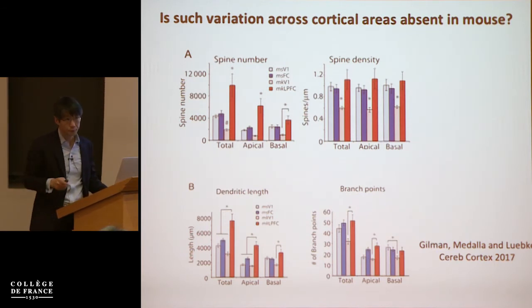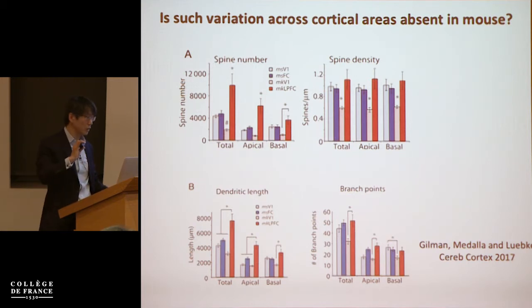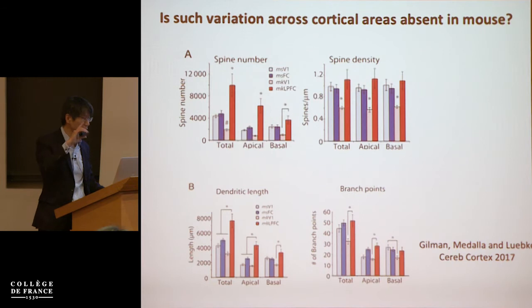Yeah? The number of spines varies with the areas, or with the areas a neuron is connected with? No, it's just total; it has nothing to do with where the connection is from. It's just the total number of spines per neuron.